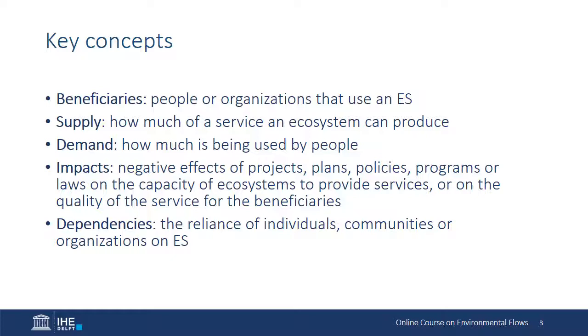Impacts are the negative effects of projects, plans, policies, programs, or laws on the capacity of ecosystems to provide services, or on the quality of the services that might affect their use or meaning for beneficiaries. Dependencies are the reliances of individuals, communities, or organizations on ecosystem services for subsistence, for economy, or for any other purpose.